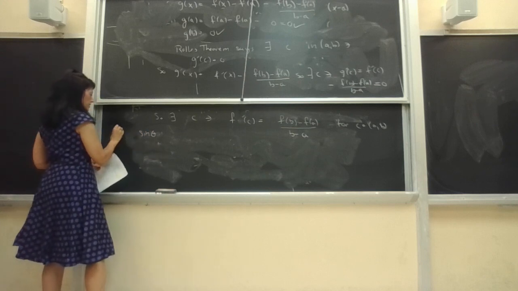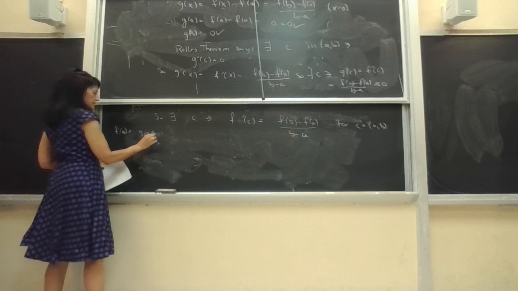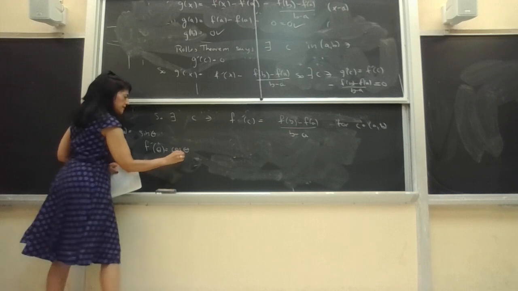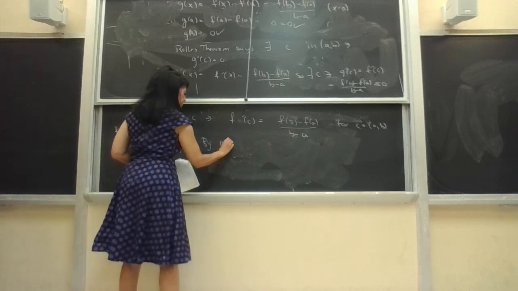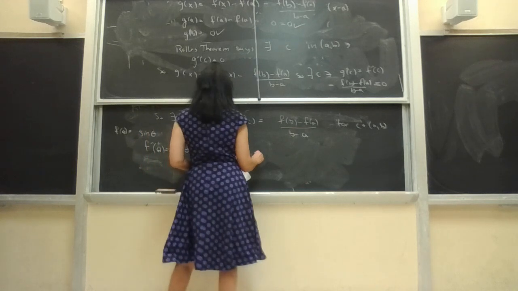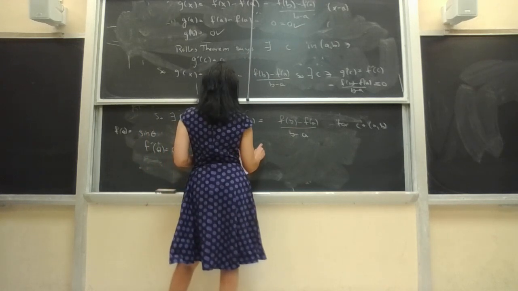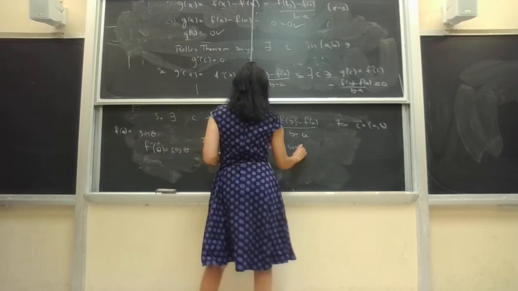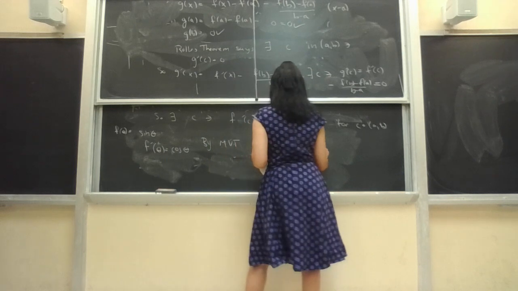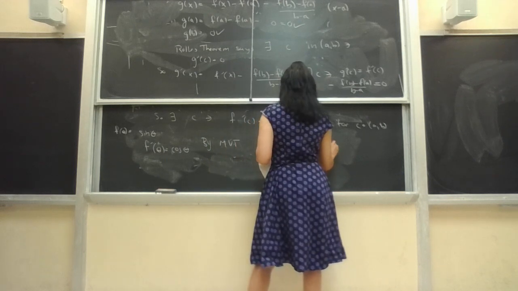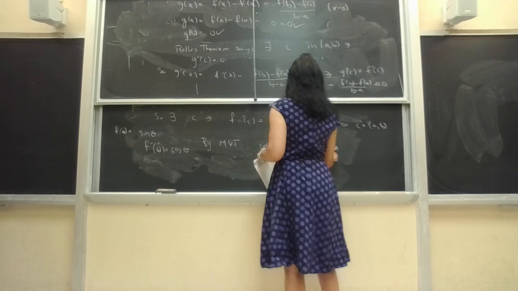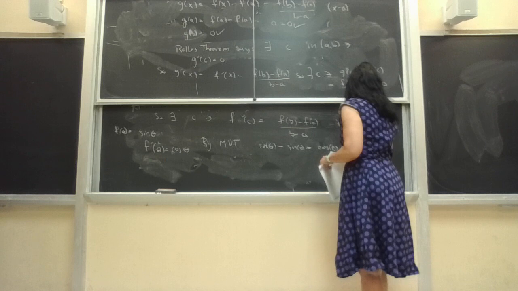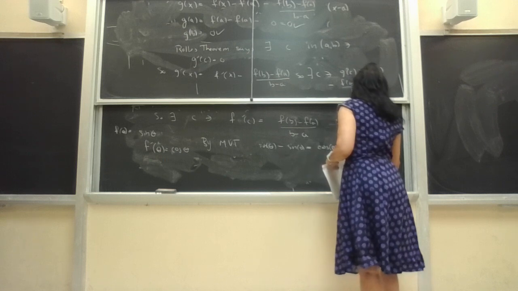By the MVT, we know that sine theta minus sine 0 is equal to cosine c, that's a derivative, times theta, for some c belonging to 0 to theta.